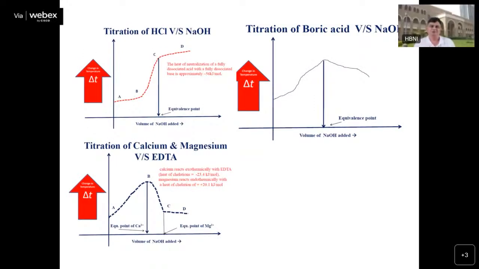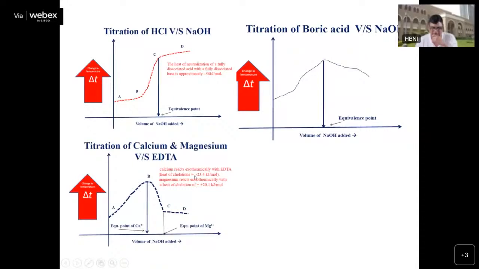This is how the curve looks. This is the titration of HCl versus NaOH, and the heat of neutralization of a fully dissociated acid with a fully dissociated base is approximately minus 56 kilojoules.